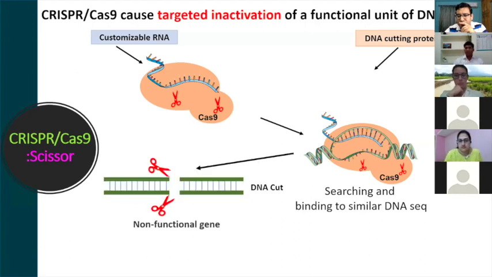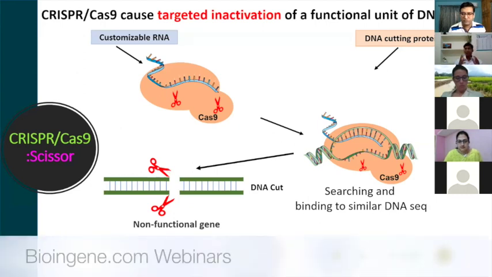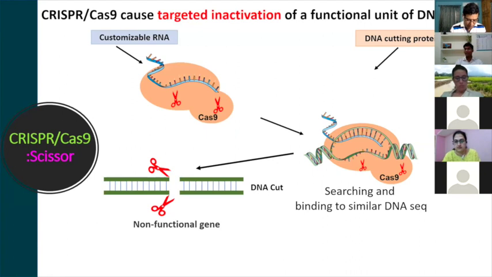After it finds this match, it binds perfectly with the genomic DNA and makes a double strand break in the targeted gene with its two scissors. Whenever you make a cut in your targeted gene, the gene becomes non-functional in most cases.